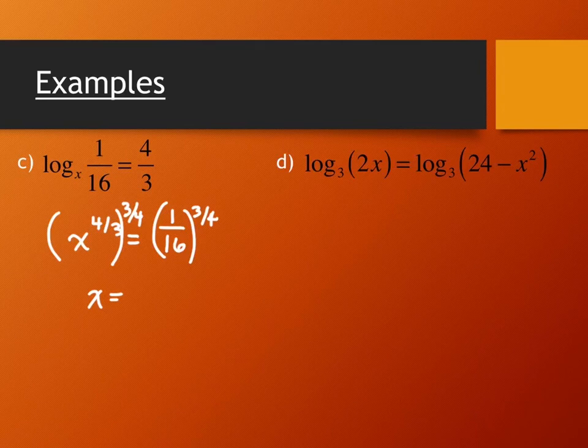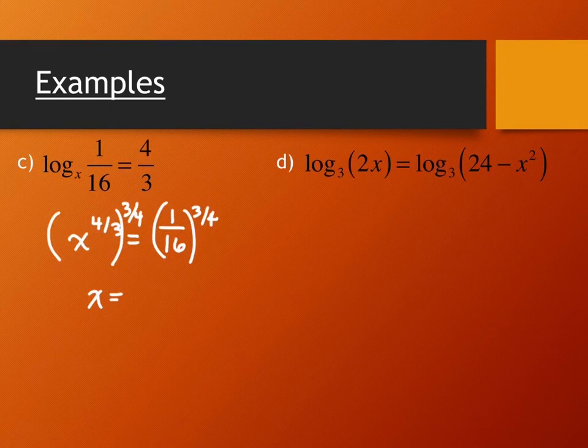Now you guys know what the 3 and the 4 mean. What does the 3 tell you? Cubing it, right? Multiply it by itself 3 times. What does the 4 in the denominator there tell you? Not quite.